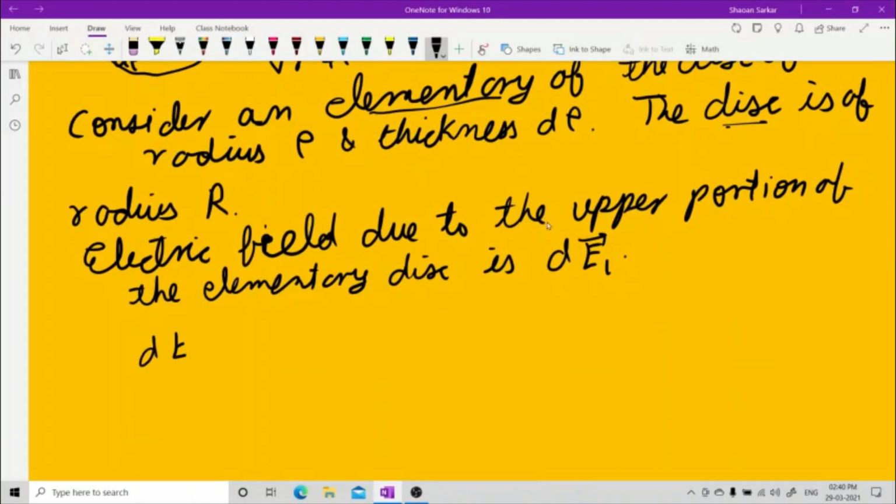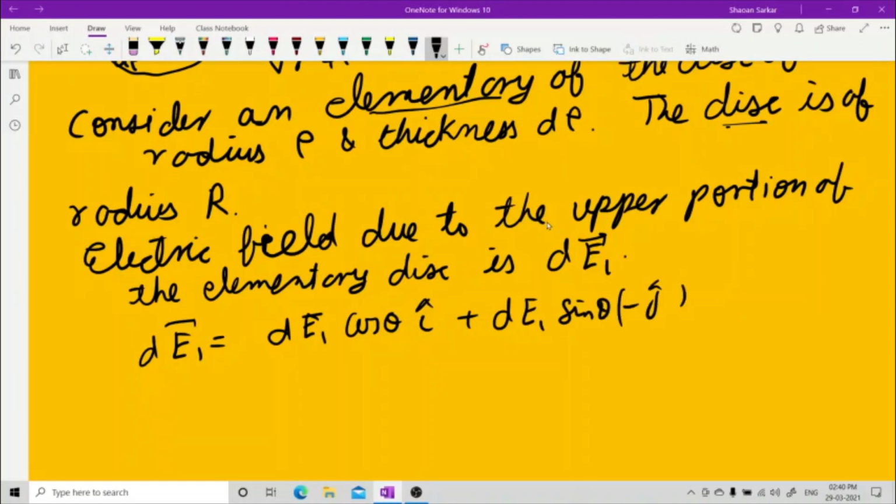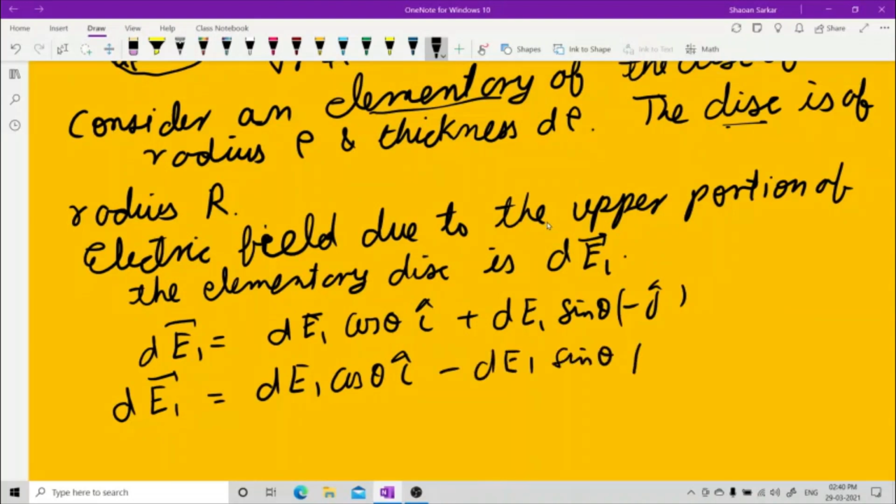So dE1 is nothing but dE1 cos theta i cap plus dE1 sin theta minus j cap. So this comes out to be dE1 cos theta i cap minus dE1 sin theta j cap.